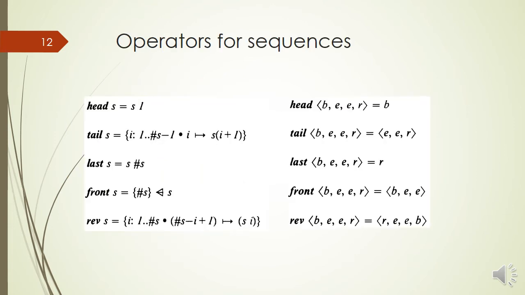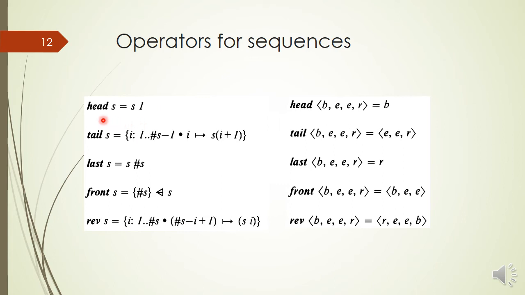Students, we have already discussed that sequences are functions, therefore operators for functions are used for sequences, but there are special kinds of operators which are used for sequences, which include head, tail, last, front and reverse, and we discuss them here one by one.